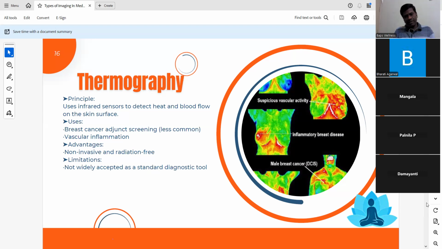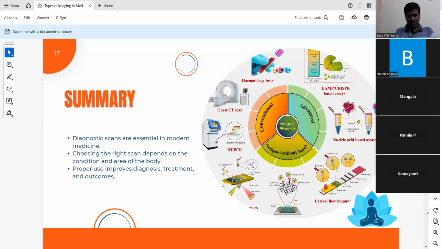With that, we can also track the blood flow on the skin surfaces because of the heat. So it's a non-invasive one and radiation free. That is a major advantage. But the limitation is that it is not widely accepted as a standard diagnostic tool. So that is the major disadvantage with this.